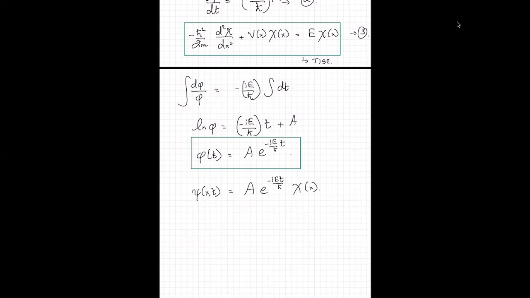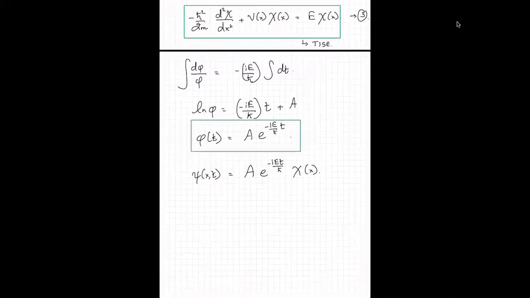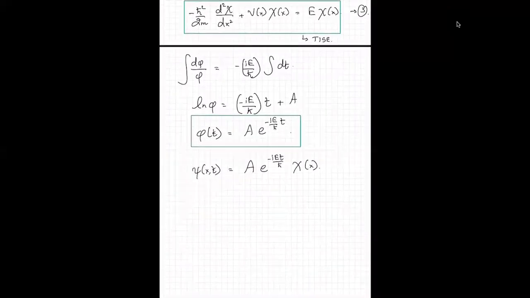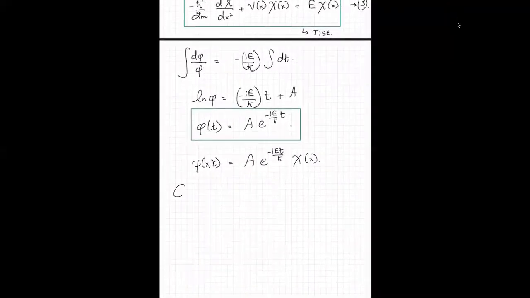But now certain questions and comments remain. So I'm going to write down a set of comments. Number 1. How on earth is this solution valid?